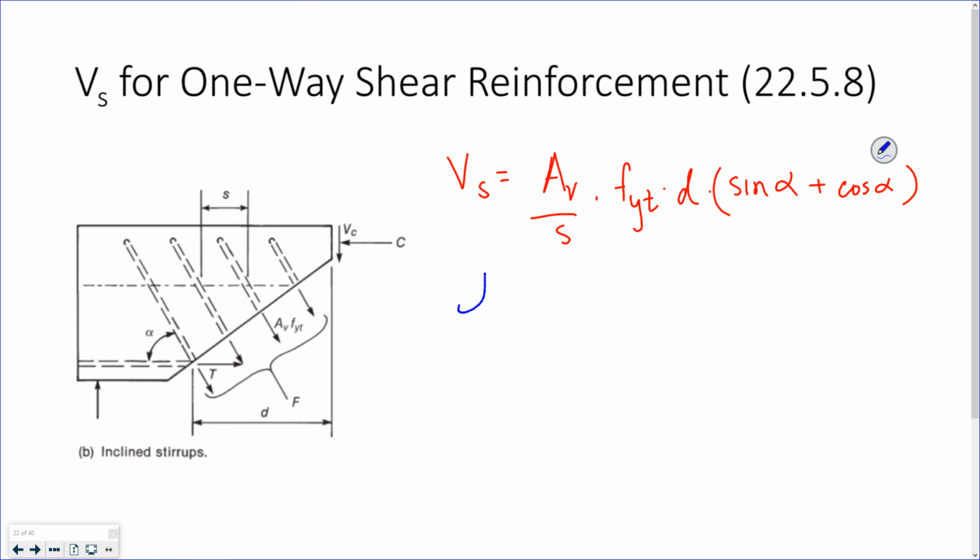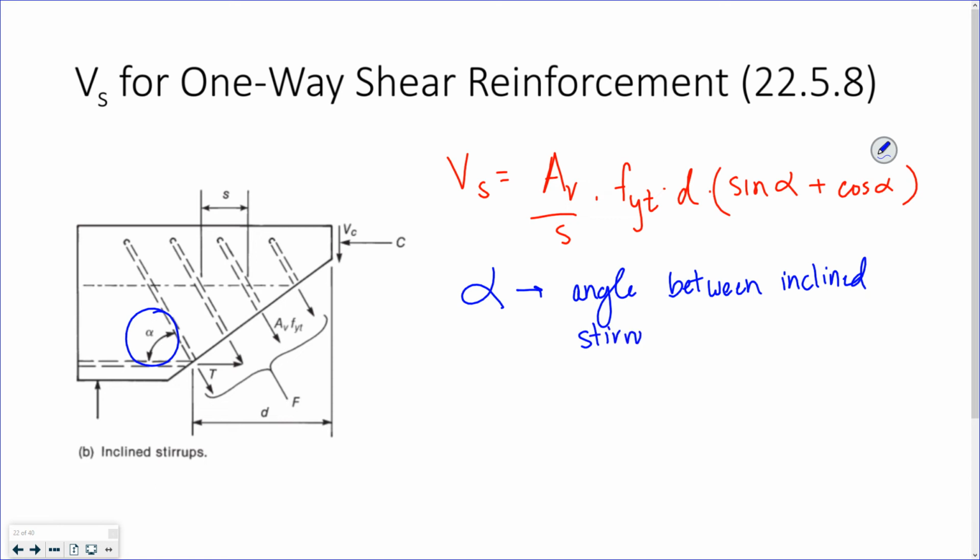So my angle alpha, right, you can see it right there, is the angle between your inclined stirrups and the longitudinal reinforcement, or the longitudinal axis of your beam.